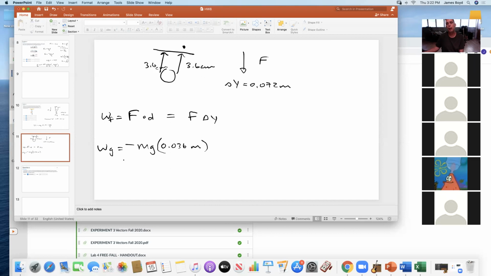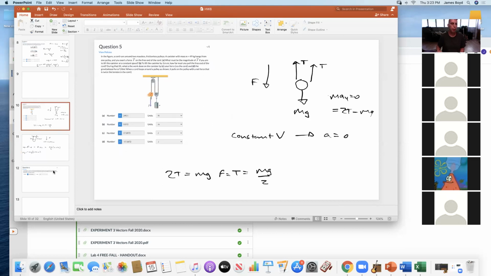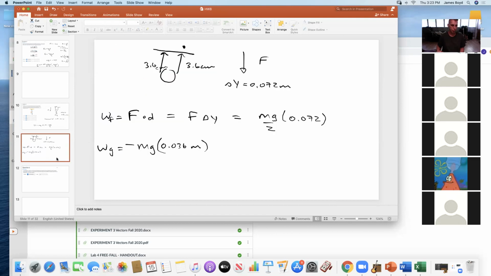But they end up being exactly the same. Why? Because F was mg over 2, and delta Y was actually double that. So they end up being the same, 0.072, and you can see that right there. They are exactly the same, just negative of each other. It's a weird problem, a cool, fun problem, but they end up being the negative of each other.